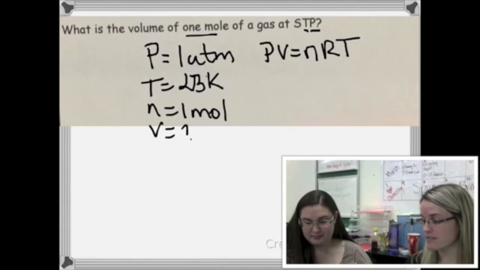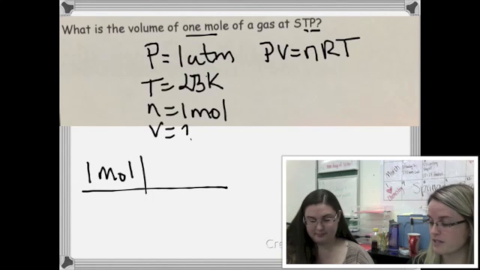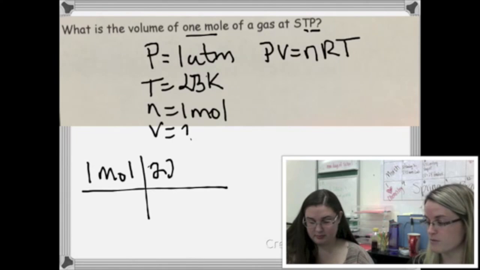All right, since we know we're starting with 1 mole as our given, we're going to write this just like a stoich problem would be. And we know that 1 mole of gas at STP has what volume? 22.4. So we can put 22.4 liters on top and 1 mole on the bottom.